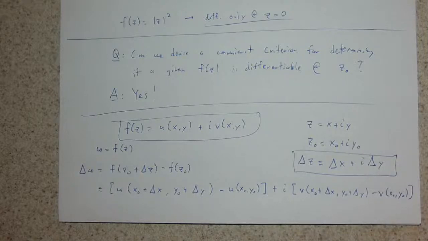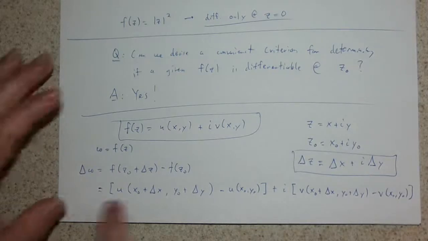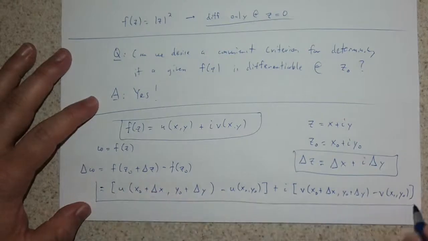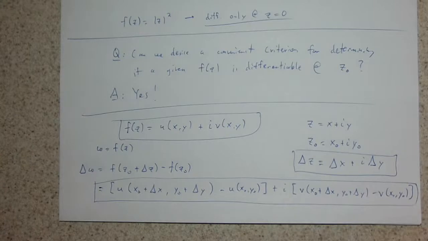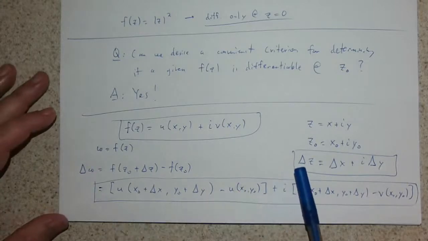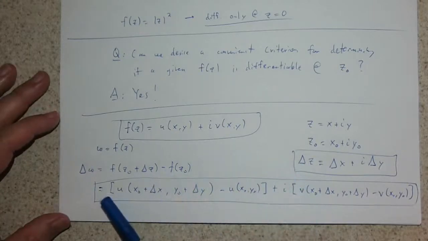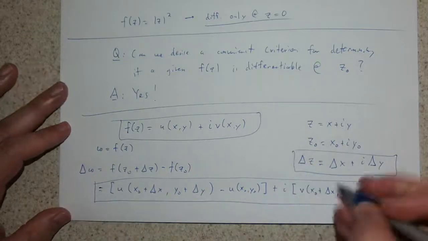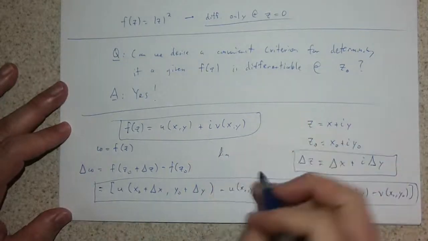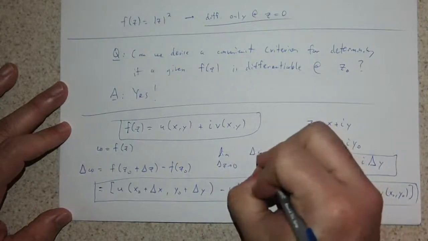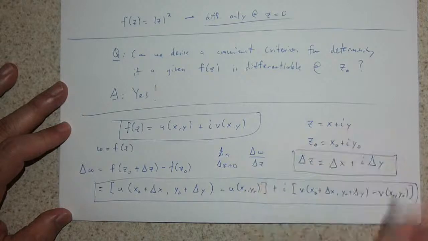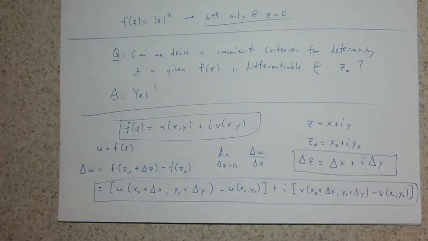All right, so that's what I have there. Keeping track of this, together with remembering that our definition of derivative yesterday involved a limit as delta z approached 0 of delta w over delta z. This was an alternative way of rewriting that difference quotient yesterday.